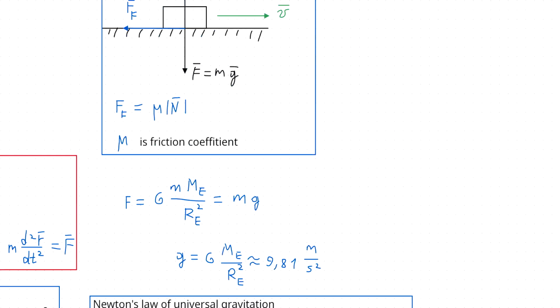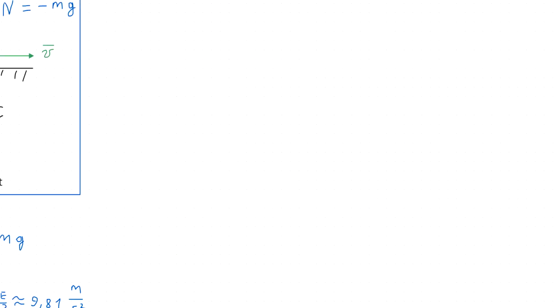Let's consider some material system that consists of two material points. The whole momentum of this system is equal to the sum of the momentums of these two material points, P1 plus P2.